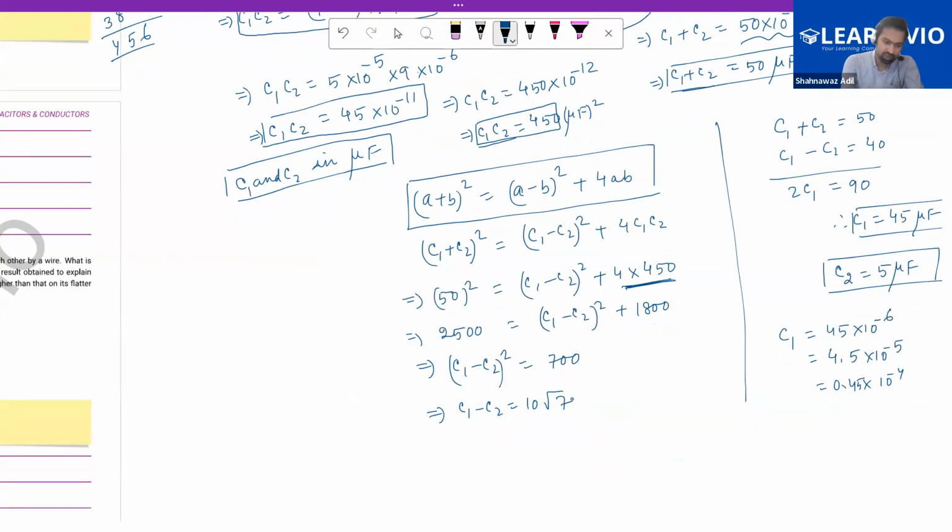What is root 7? So 2.6 into 10, so 26.45.